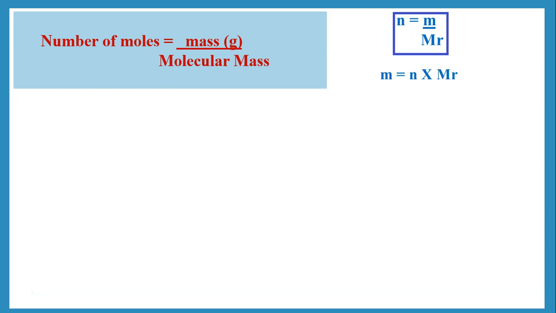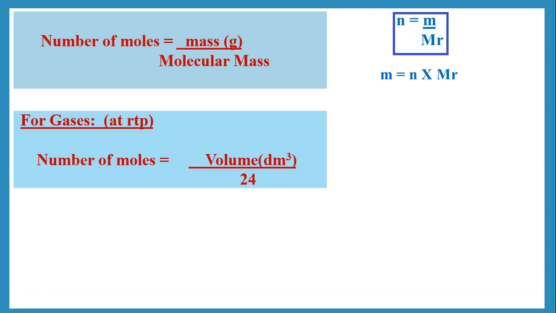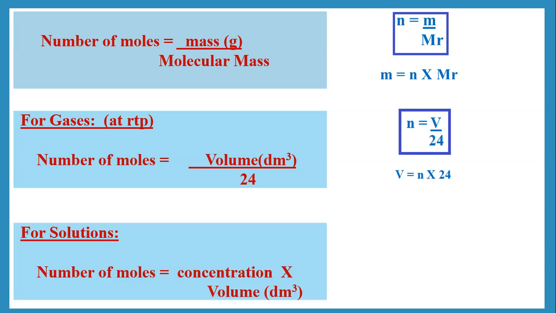In that case, you can also use it to get the mass in grams: number of moles times the MR. Or if we're talking about gases at room temperature and pressure, the number of moles would be the volume over 24, where the volume is in decimeter cubed. If you're required to get the volume, it is number of moles times 24.